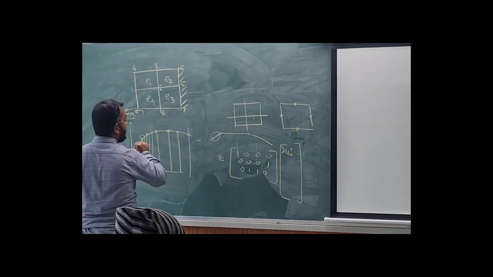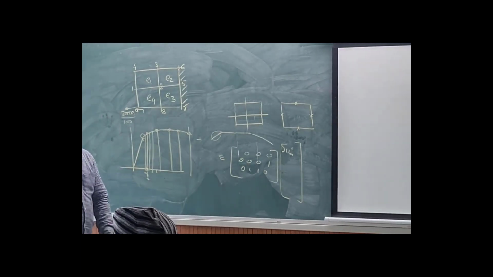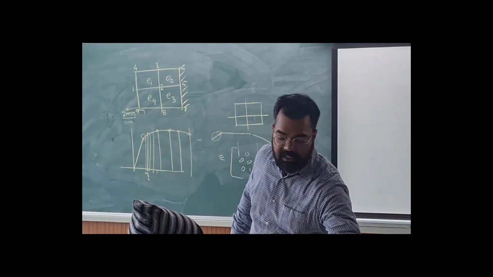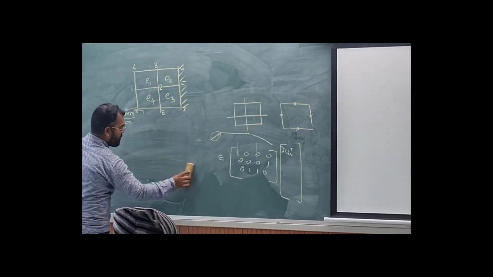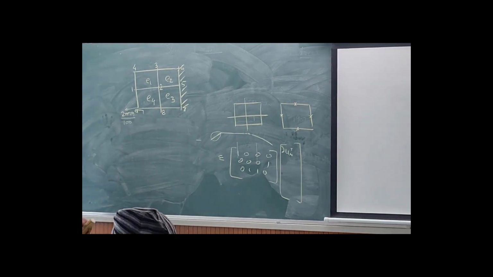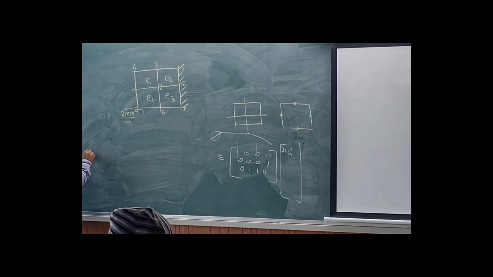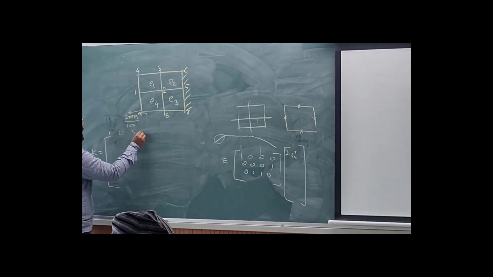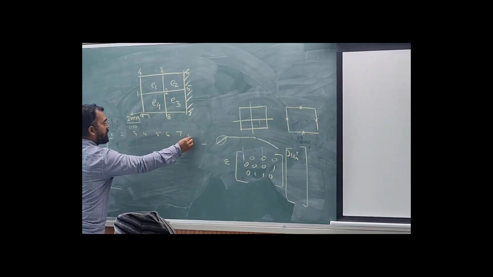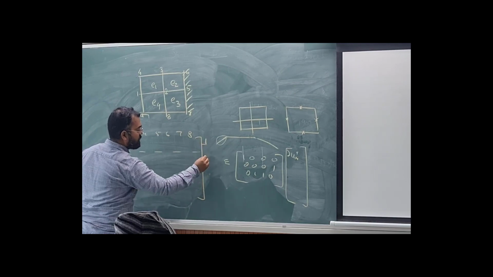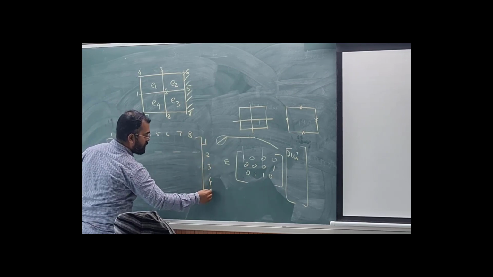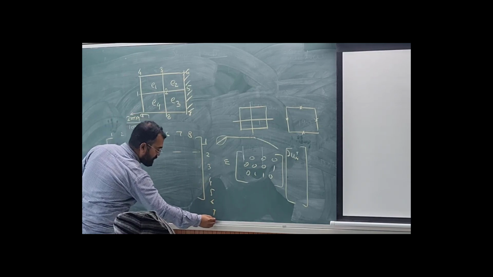Now let us look at this. We know that from one element of such type we are getting 8 cross 8 values in the stiffness matrix, right? So K for one element is 8 cross 8. So I have 1, 2, 3, 4, 5, 6, 7, and 8, and then I will have 1, 2, 3, 4, 5, 6, 7 here.